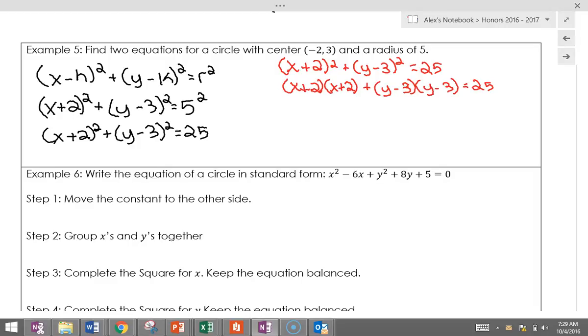So x times x is x squared. x times 2 is 2x. I also have plus 2x plus 4. For my y's, I have y squared minus 3y minus 3y plus 9 equals 25.